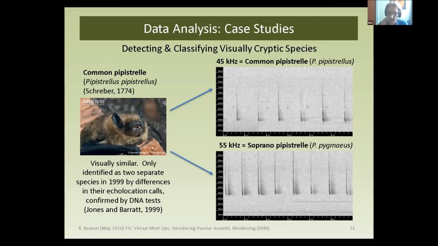This was confirmed with DNA tests, and we found out that one species is the common pipistrelle, and the other, because it's a slightly higher frequency, I guess, is the soprano pipistrelle. But these species looked practically identical visually. So it's nice that cryptic species like this can be identified by the sounds they make a lot more easily than by looking at them, catching them, etc.